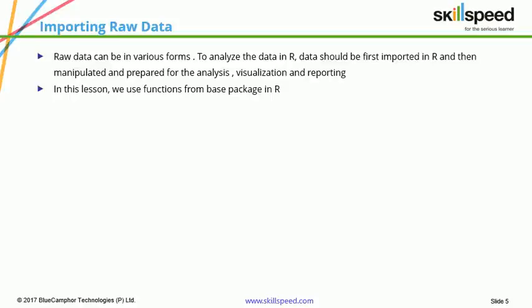Read.fwf is a fixed width file function to read our data with fixed width file or predetermined number of bytes per column. Readlines is a function to read data when you have one element per line.